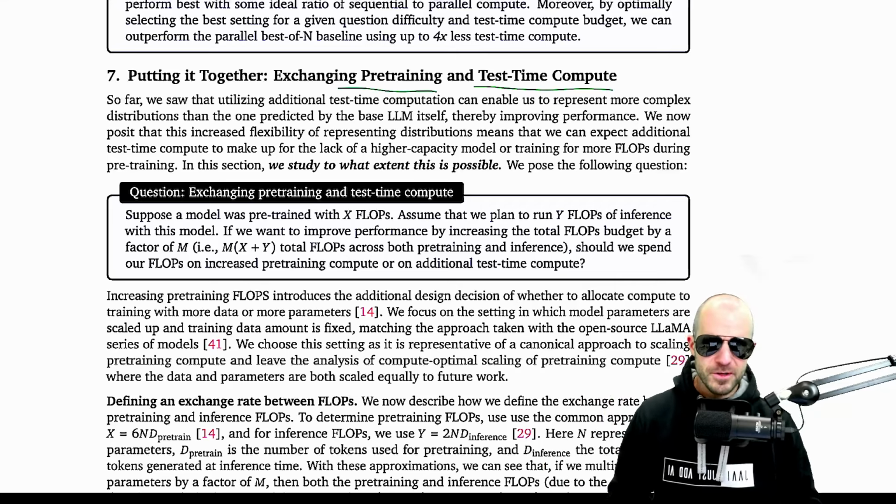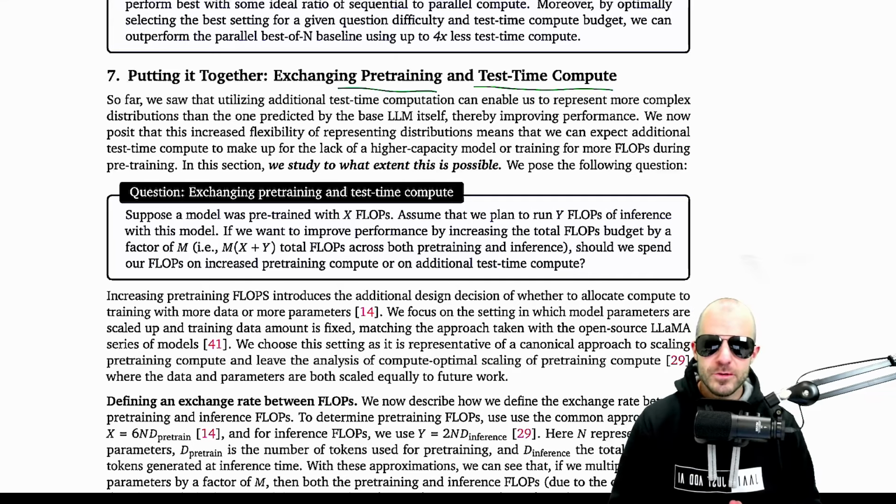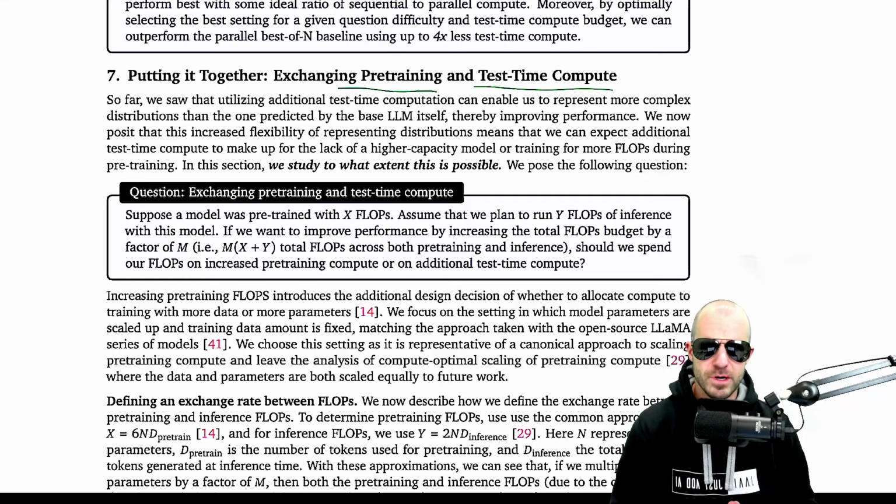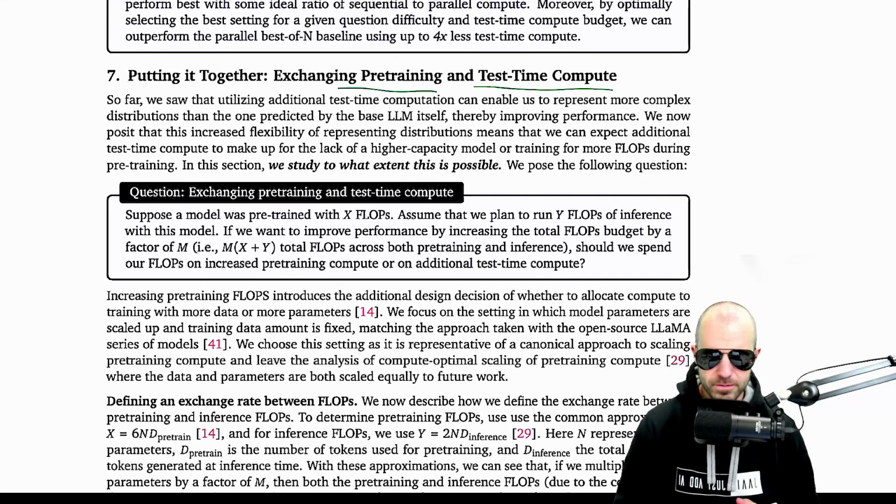We're through the bulk of the paper, but it is interesting. So they're asking how could we use what we learned right here in order to answer this question, right? Should we invest more into pre-training or should we invest more into test time computation? Now, obviously, this is super duper dependent on how often you expect to sample from your model, right?